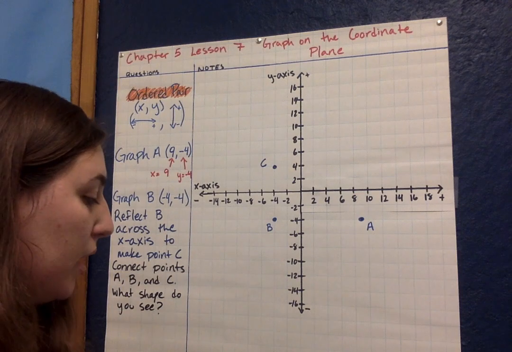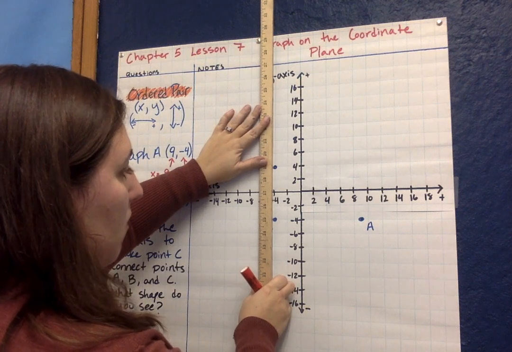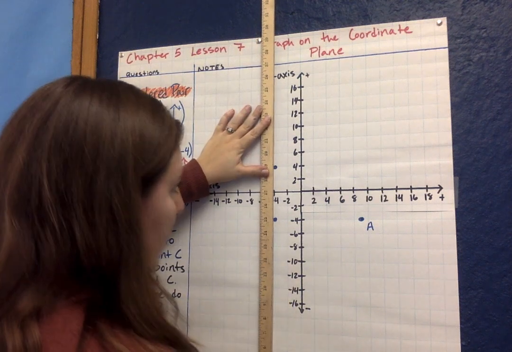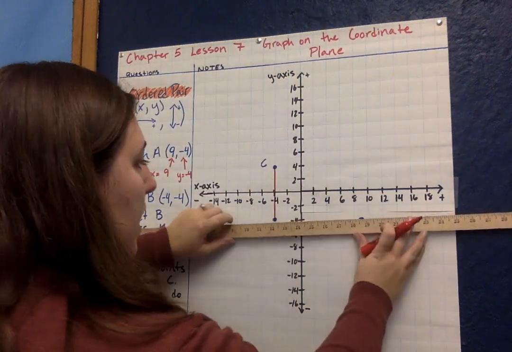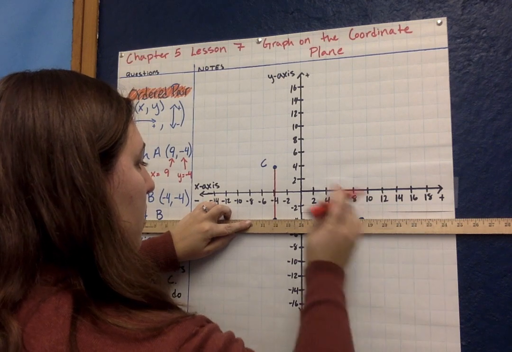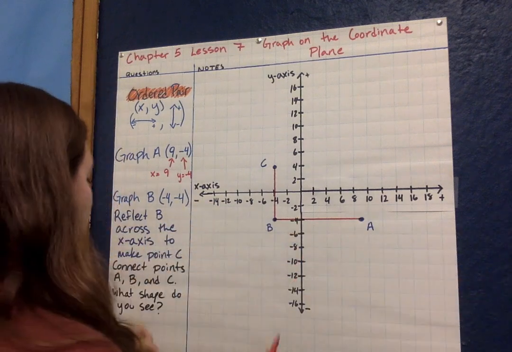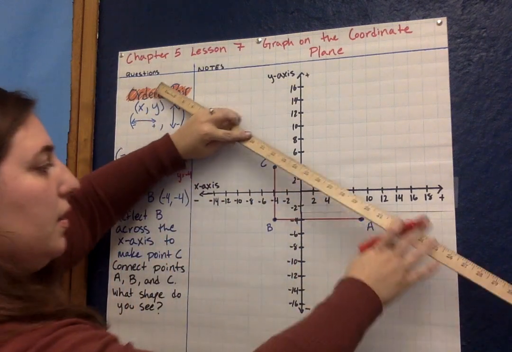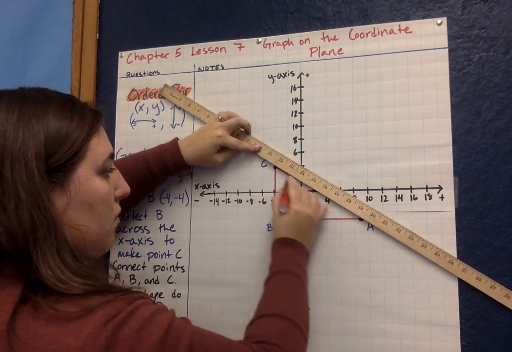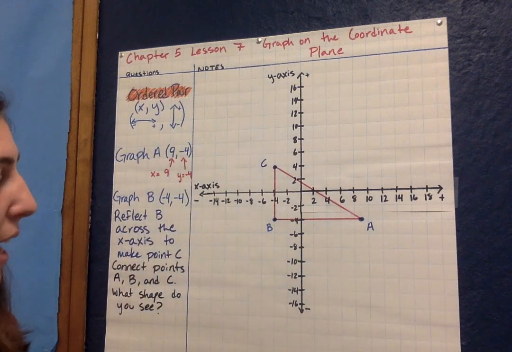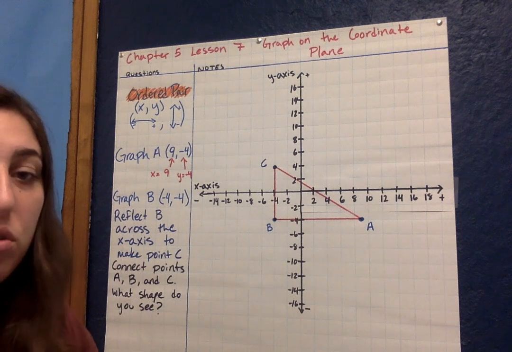All right, I'm going to use my ruler to connect those points. So first I'm going to connect points B and C. Then I'm going to connect points A and B. Okay, and now I need to also connect points A and C. Okay, by doing that, you might notice that I just made a triangle. So the shape that you see is a triangle.